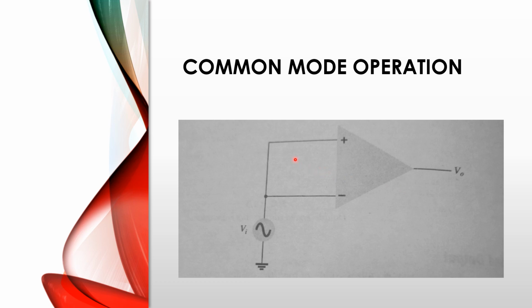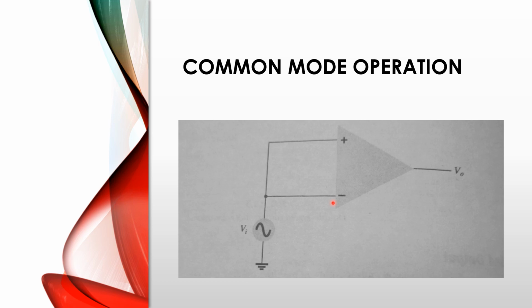If we think that here we apply positive 5 volts, that means positive 5 volts is applied to the non-inverting terminal and the inverting terminal also. From the non-inverting terminal we get a positive output, that means plus 5 volts, but from the inverting input we get minus 5 volts.